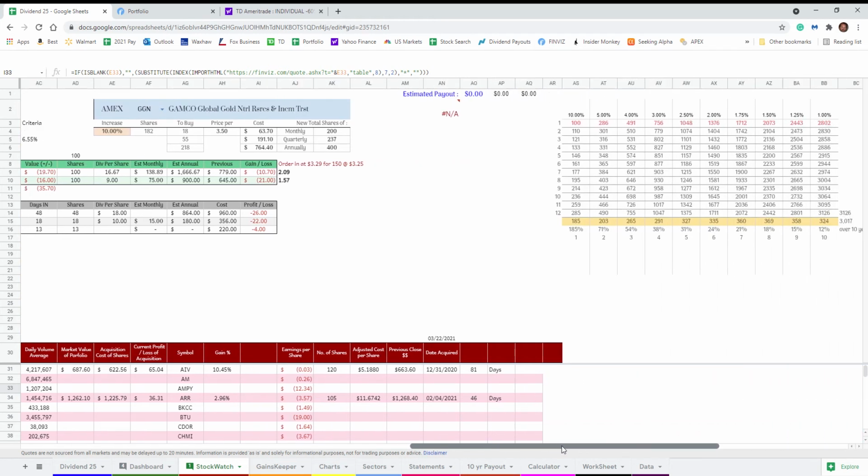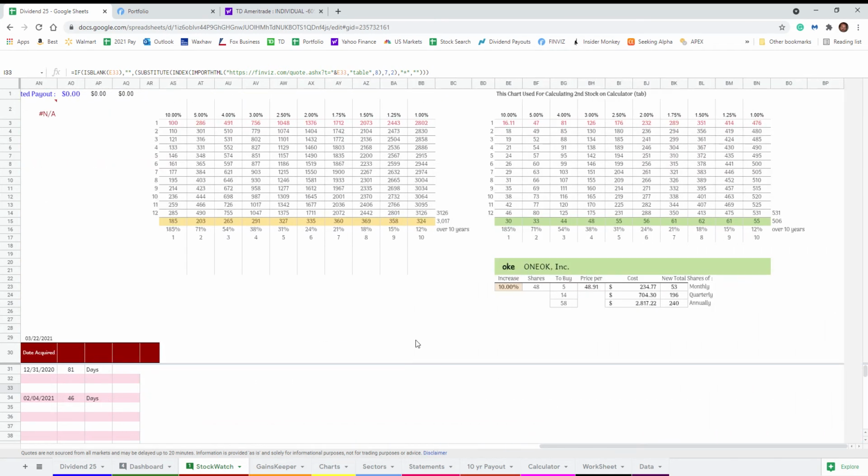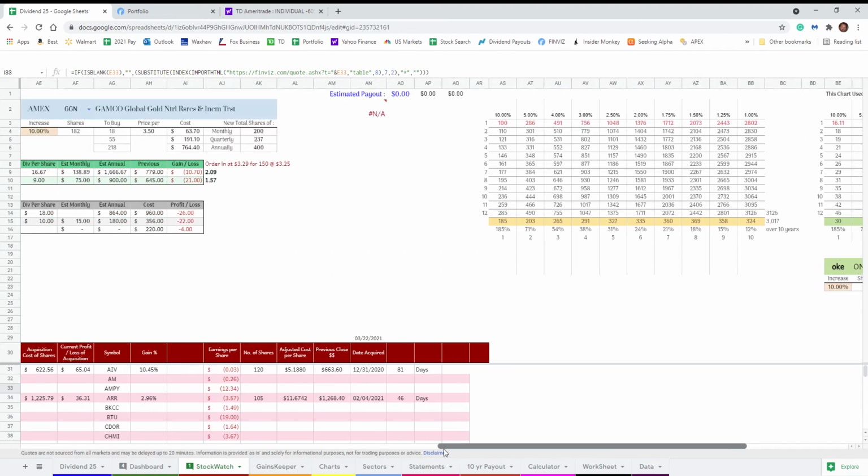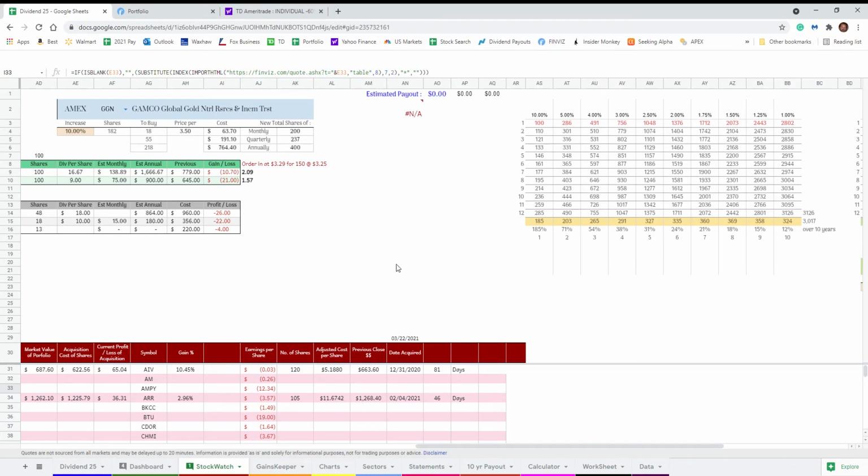I've taken time and I've created these other tables. So what it's doing for me is saying GGN has 182 shares. It takes this number 182 and goes into this table and finds the 182, which would be in between here.